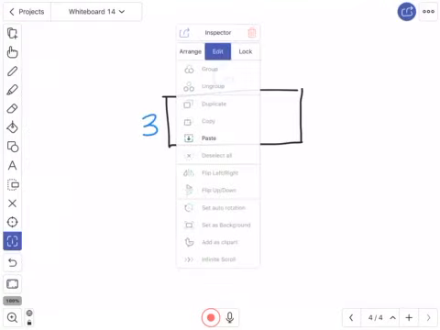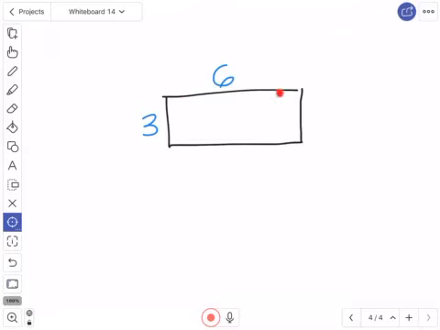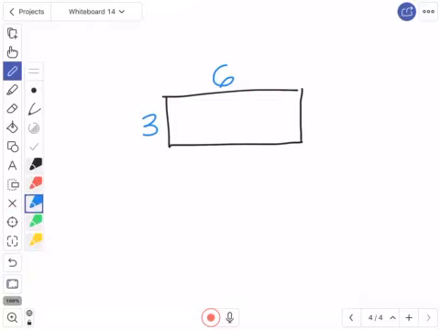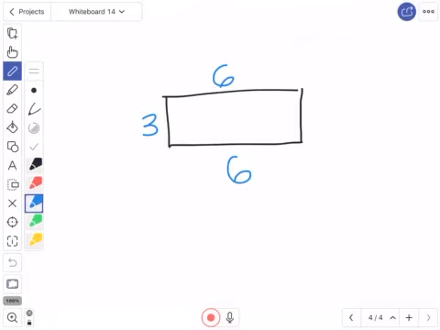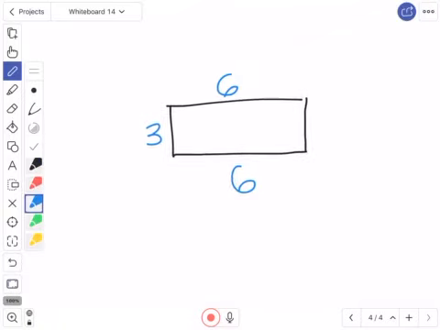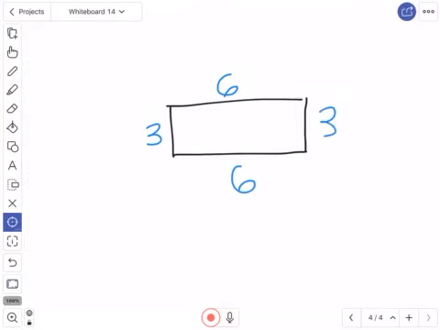If the top is 6 feet, then the bottom will also be 6. And if the left is 3, the right will also be 3. The way to figure out perimeter is you just add it all up.